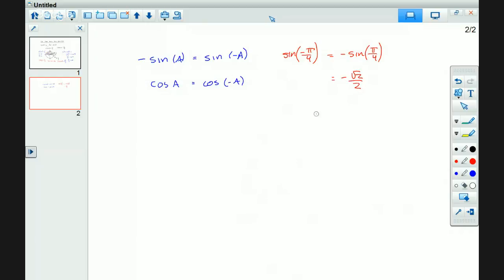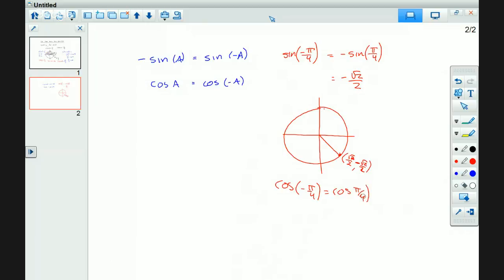Right? And if you know your unit circle, negative pi over 4 is right here. We know that sine is negative root 2 over 2. Okay, so sine is the y? Yeah. The x there would be cosine. Cosine's positive, right? So cosine of negative pi over 4 is the same as cosine of pi over 4, okay, which is root 2 over 2.